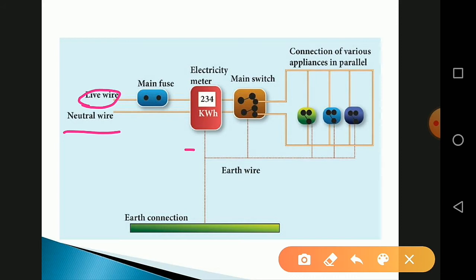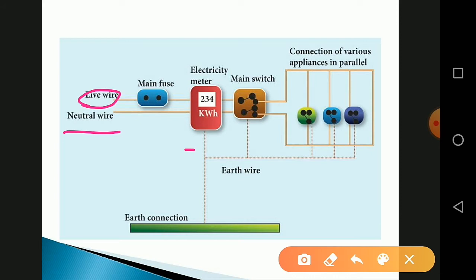After the electricity meter, this wire enters the main switch, which is used to discontinue the electricity supply whenever required. After the main switch, these wires are connected to the live wire of two separate circuits. One circuit is of 5 ampere rating, which is used to run electrical appliances with a lower power rating such as tube lights and fans.